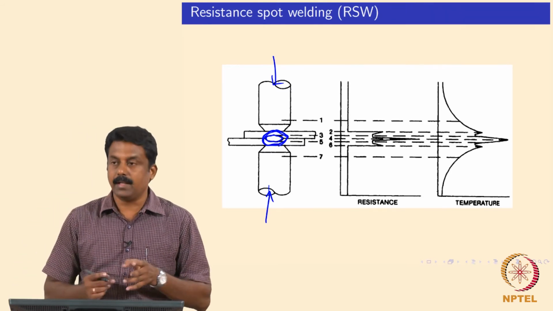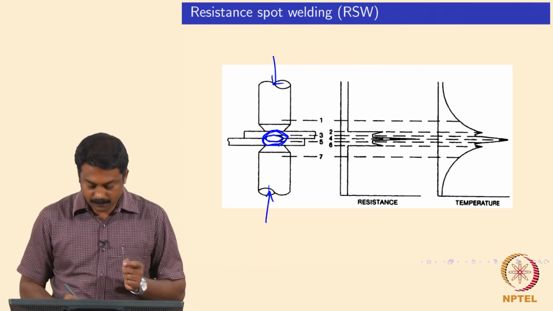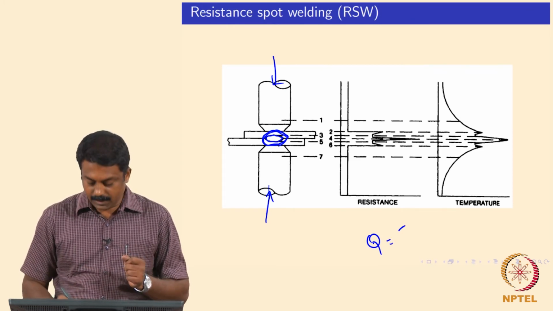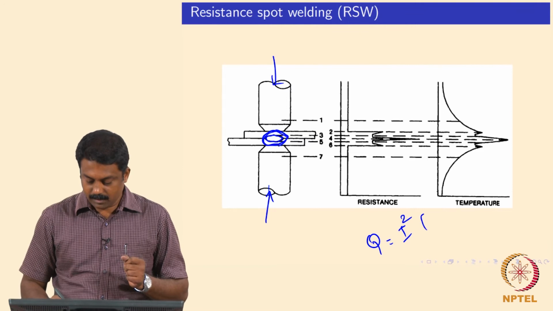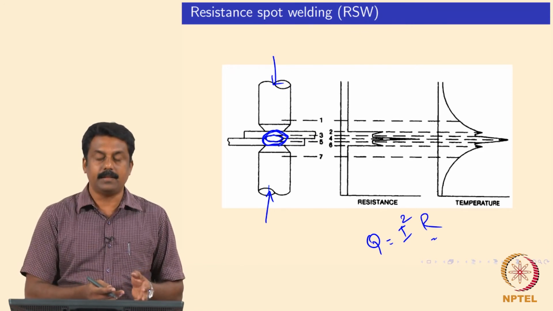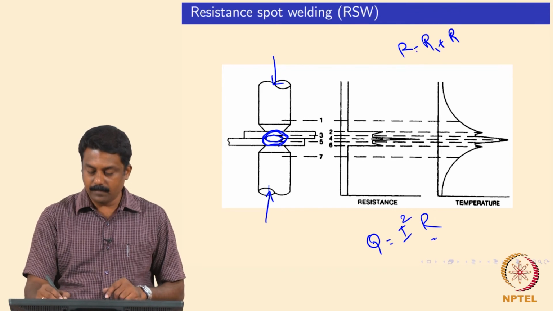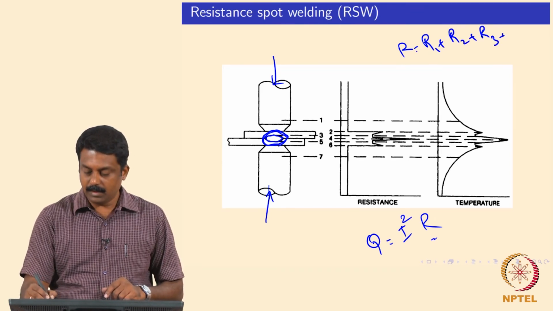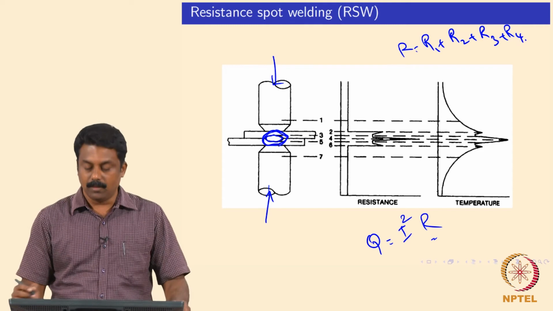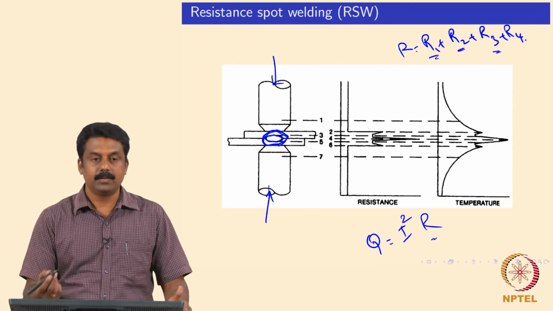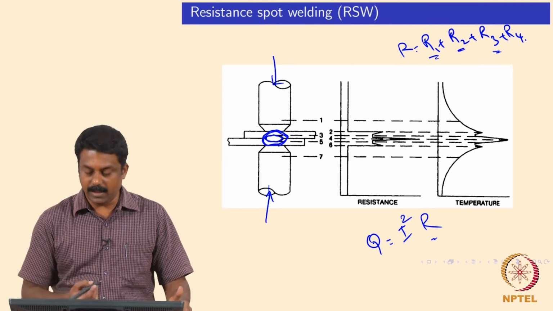So, thickness is a mass effect, okay. So, Q would be a function of the mass effect, and then the current, and basically the R is a contact resistance. So, R can be R1 plus R2 plus R3 plus R4. So, you can neglect R1 and R3, and R2 also you can neglect significantly because you are extracting the heat.